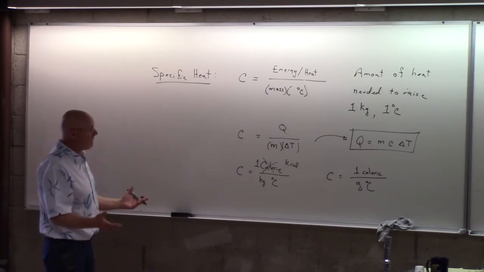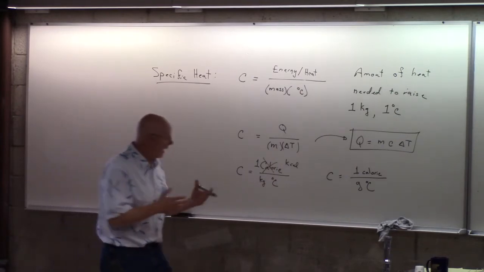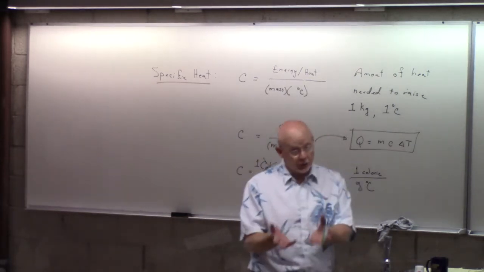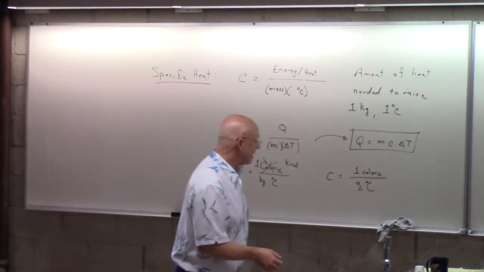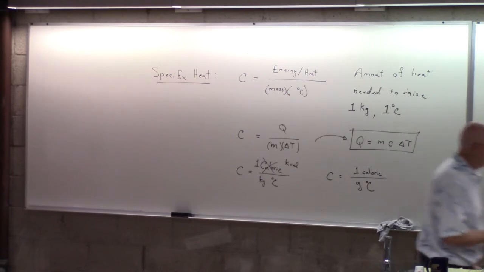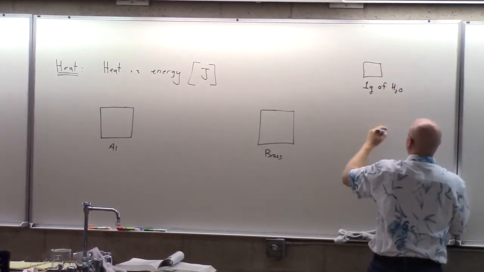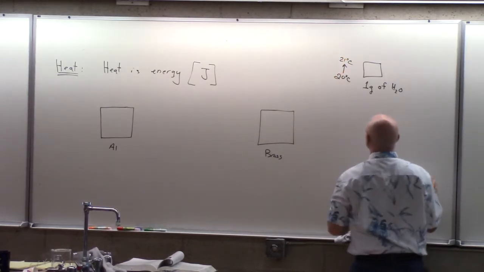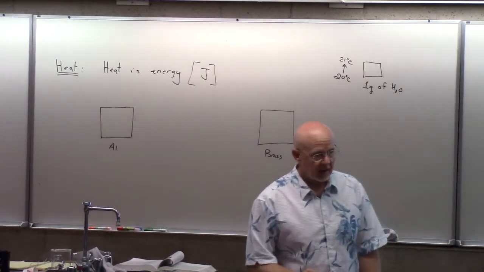But here's what I'm really after, the definition of a calorie. Even though calorie is not part of the metric system, it is still very useful and used a lot, and I know you've come across it. So if I had 1 gram of water, and I warm it up from 20 degrees to 21 degrees, and you asked how much heat it took, this is easy in calories.